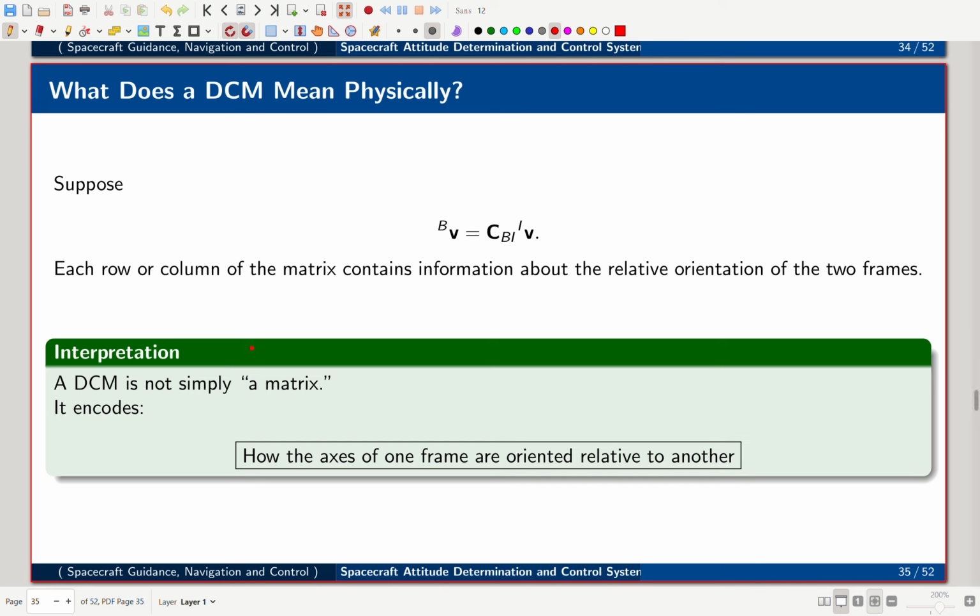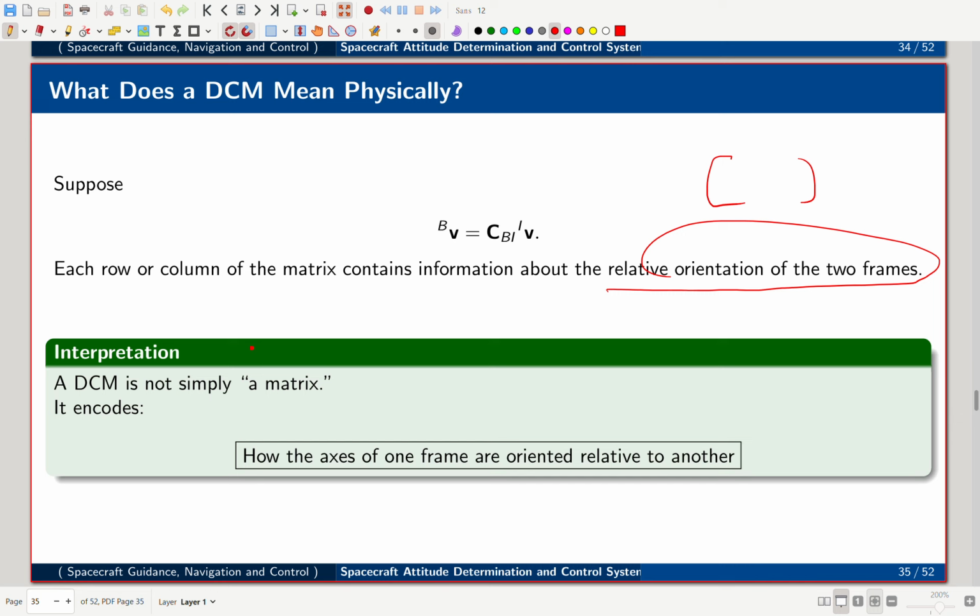So what does the DCM mean physically? Suppose v_B is equal to C_BI v_I. Each row or column of the matrix contains information about the relative orientation of two frames. Just understand it this way: whatever rows and columns there are in the 3 by 3, it is only telling about the relative orientation of the two frames, that's all.